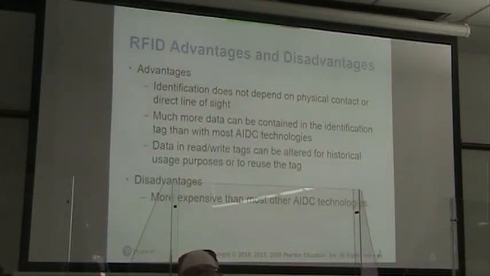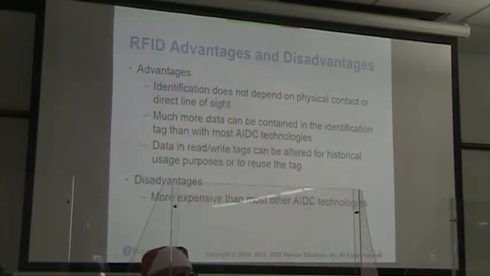So our RFID advantages: our identification doesn't necessarily depend on having physical contact or a direct line of sight to what we are keeping track of. We can keep more data in the identification tag than we can with most automatic identification and data capture technologies.